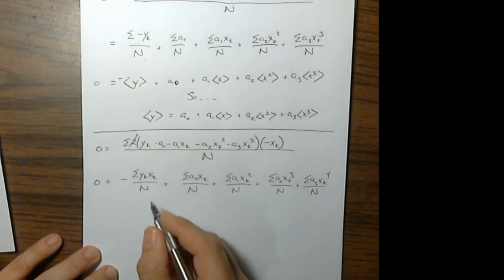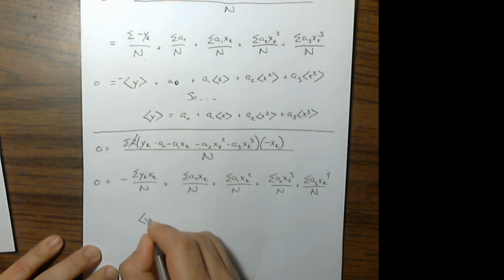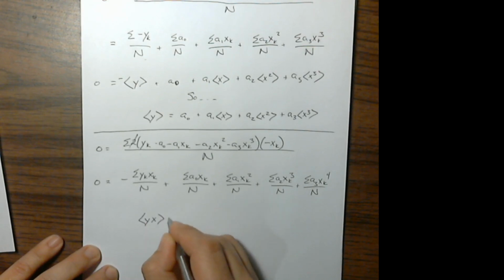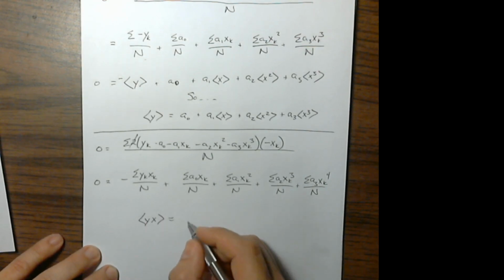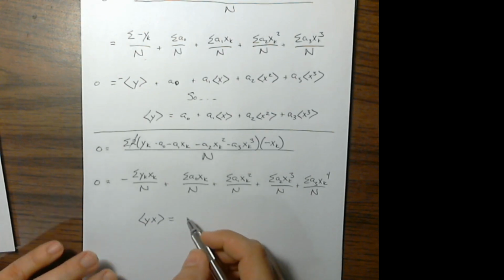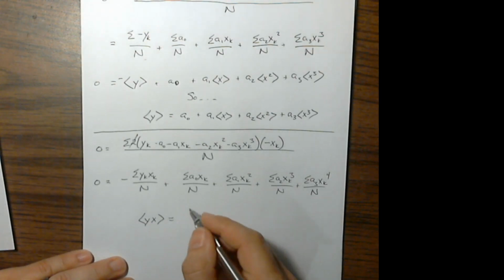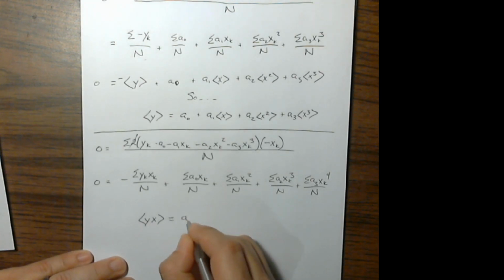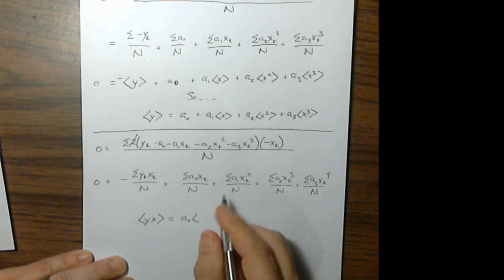And so now here, what we're going to end up with is this. This looks a lot like the equation for m when we did this with a straight line, which is not a coincidence.